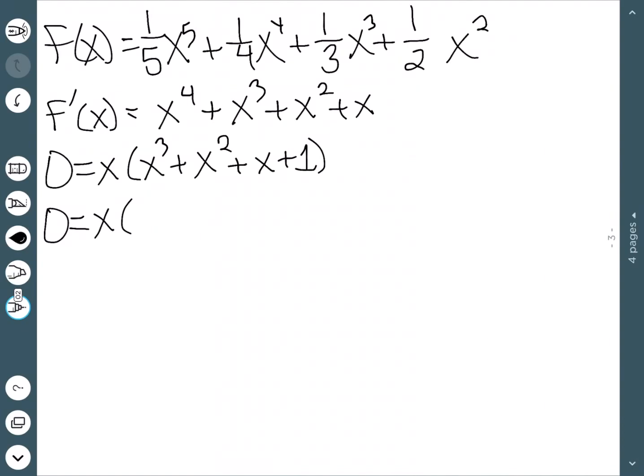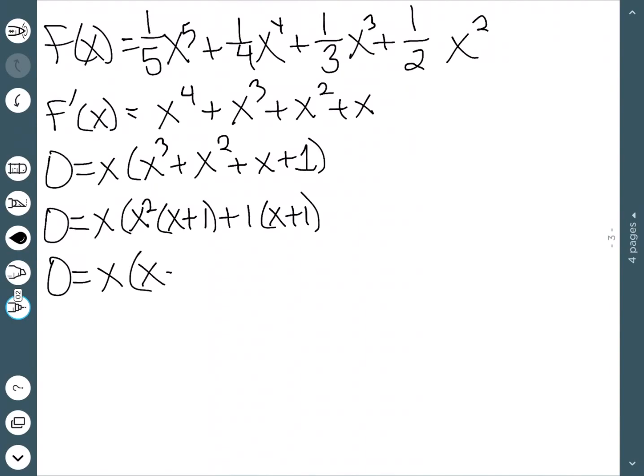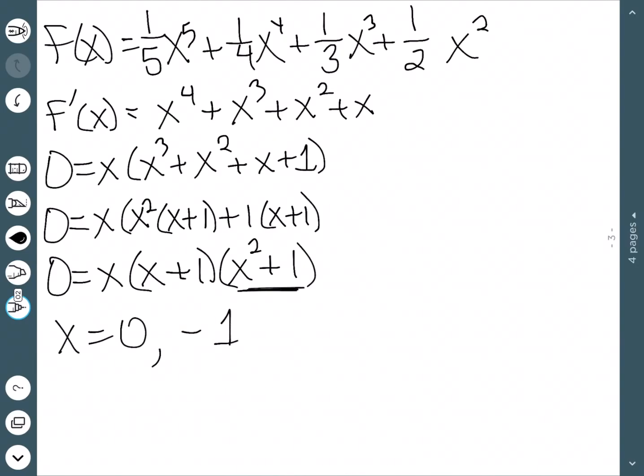We then need to factor by grouping. We can pull out an x squared. That leaves us with x plus 1. And then pull out a 1. That leaves us with x plus 1. So I have x times x plus 1 times x squared plus 1. So the critical points are 0 and negative 1. You'll notice this last term does not have real solutions, so it doesn't give us any new critical points.